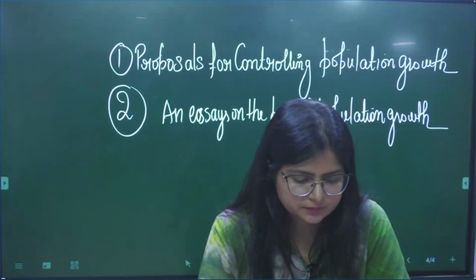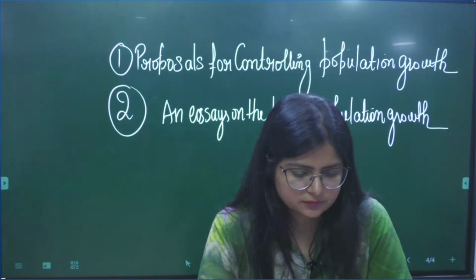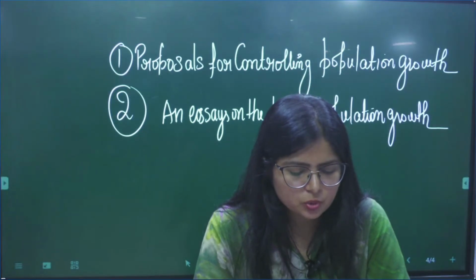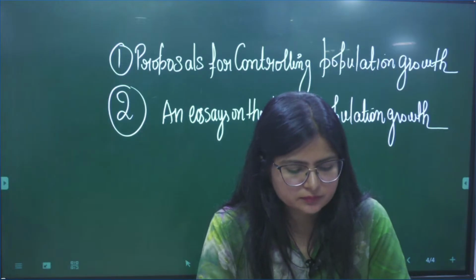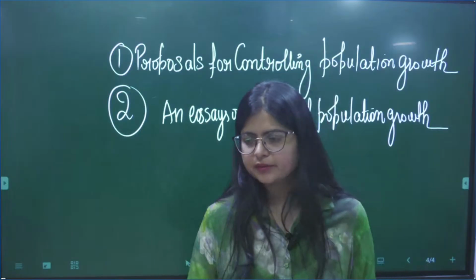Next point. Malthus was mistaken in two respects. First, write down the sub point under it.